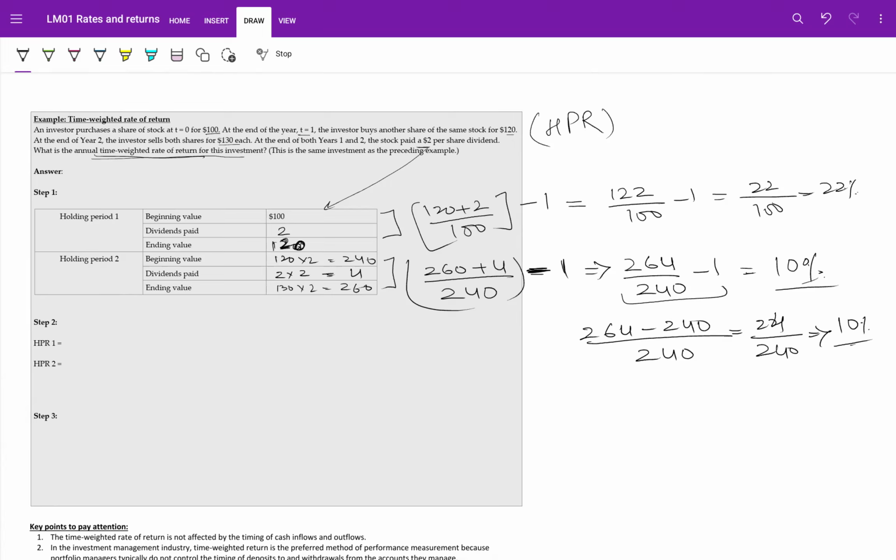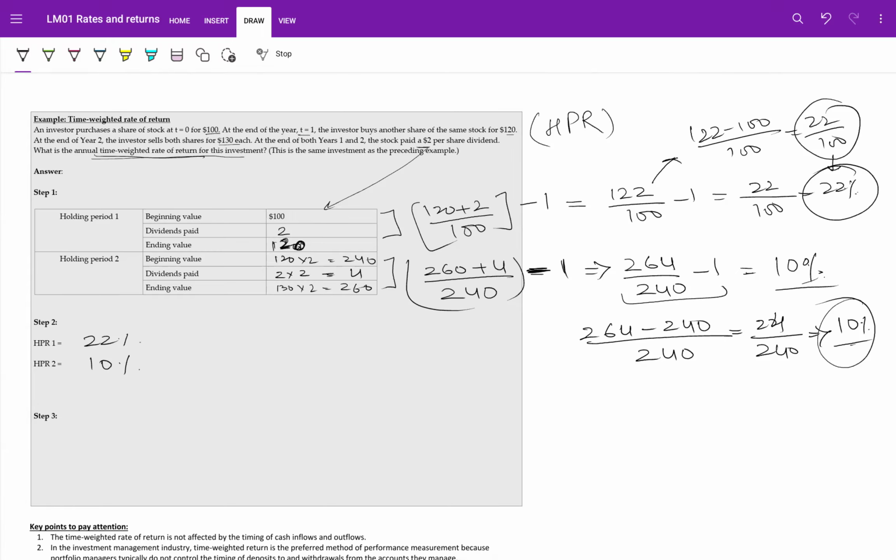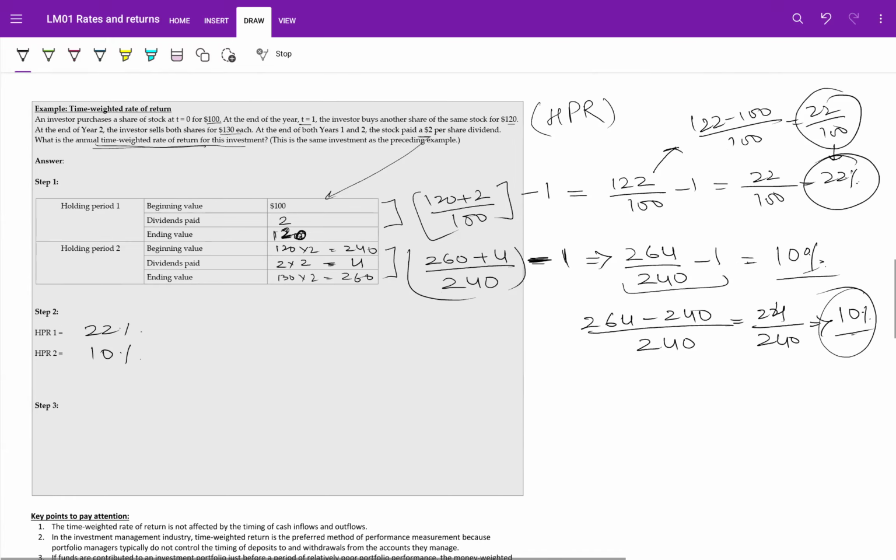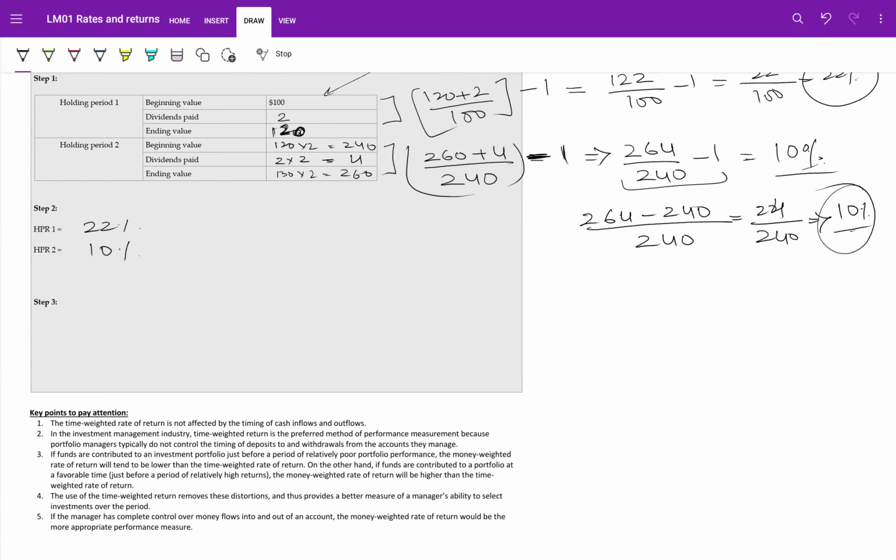Here 122 minus 100, this is going to be 22 divided by 100 and this is going to be 22%. So holding period return for first year is 22% and the holding period return for second year is 10%. Now we are going to calculate this using our geometric mean.